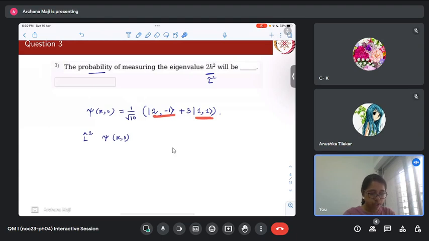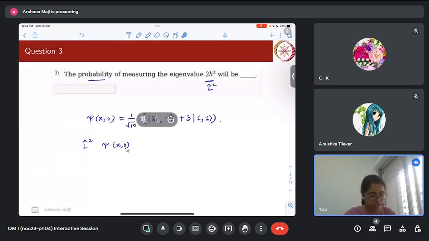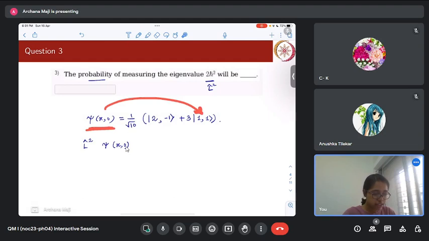So the question is basically asking what is the probability that this given state will collapse into this state, because this state is what gives you the 2h cross square eigenvalue.